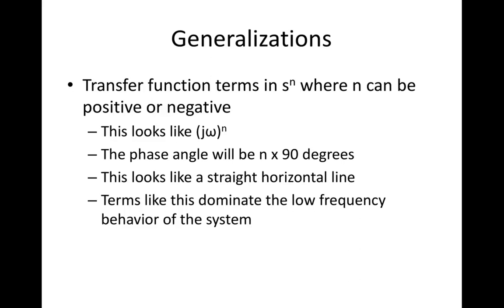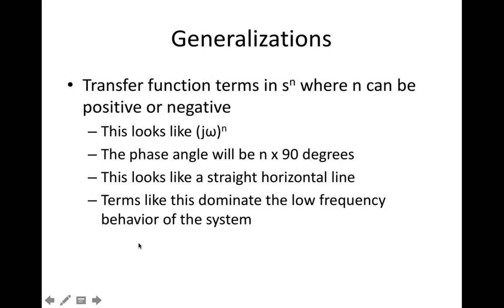If there is no term that is just s to the n, so say you didn't have an s in the numerator of this function we're looking at, then n is equal to 0, and so your initial phase angle at low frequency is just going to start at 0 degrees. Only when you have a term in s to the n in your transfer function do you start off at low frequencies with a phase angle other than 0.